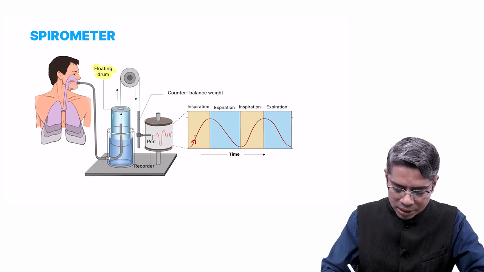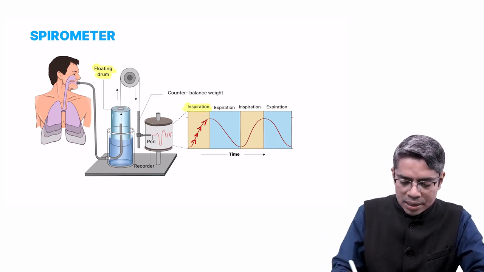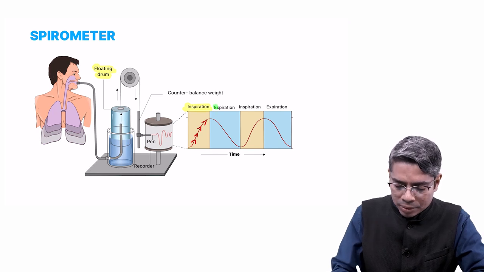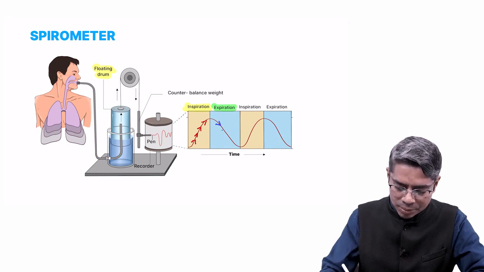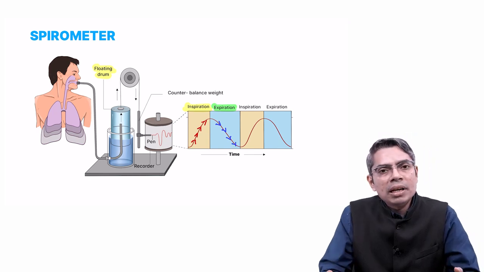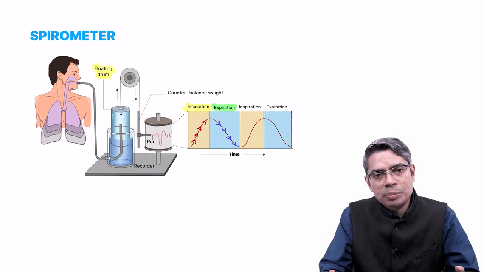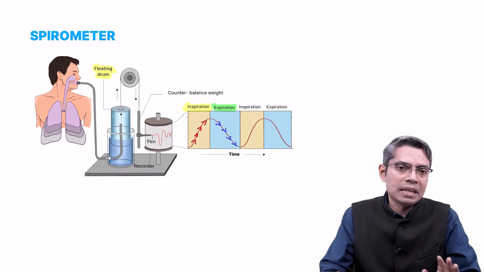As you can find out here, the upward movement of this recording on the surface of the drum is the inspiratory movement, right? And the downward movement of the pen is nothing but the expiration. So expiration means the pen is moving in the downward direction. So never forget that in a normal, conventional spirometer, the upward movement is inspiration and the downward movement is expiration.